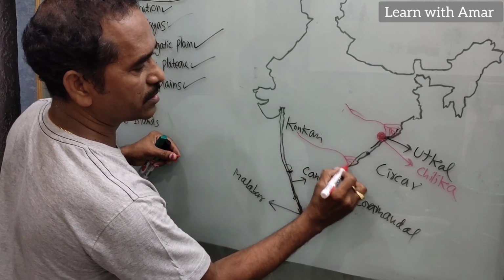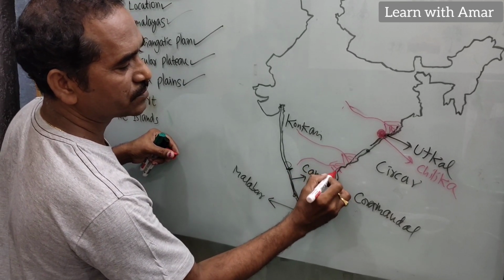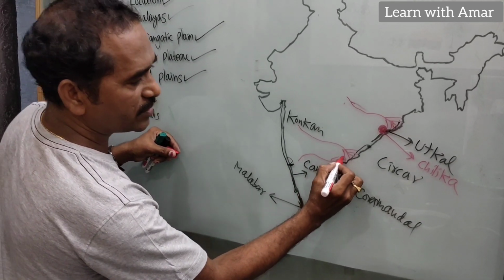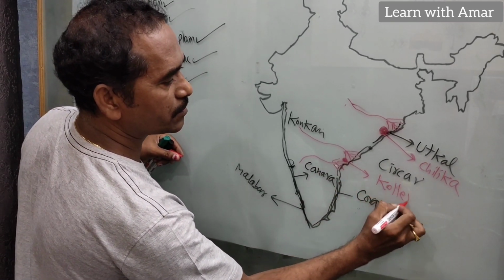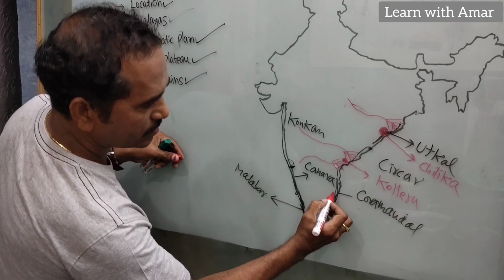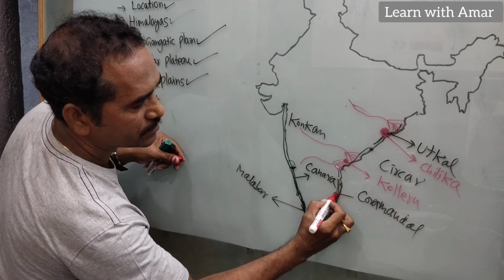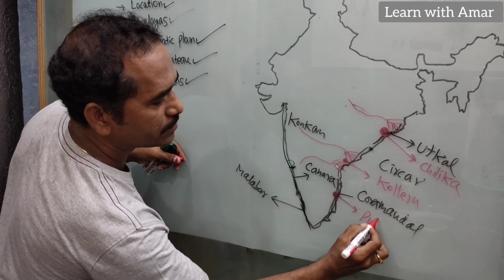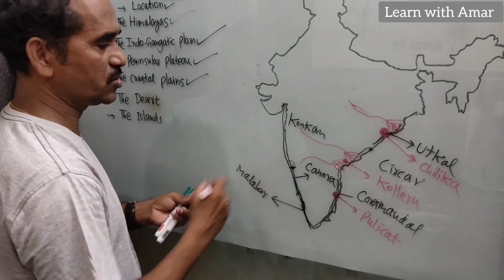Godavari. This one, it is Krishna Godavari Delta. In between these two, you find Kolleru Lake. And between Andhra Pradesh and Tamil Nadu, exactly here, you find Pulicat. So these are important lakes we find in east coastal plain.